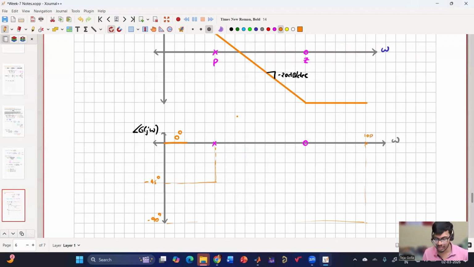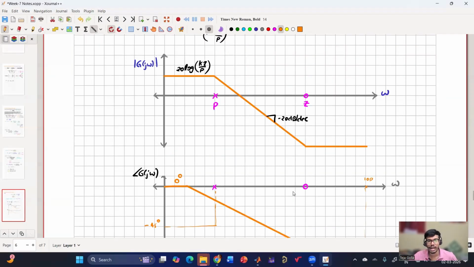But say the zero is relatively far. So after this, I think it will fall something like this. And then this is one zero and then one pole, right?